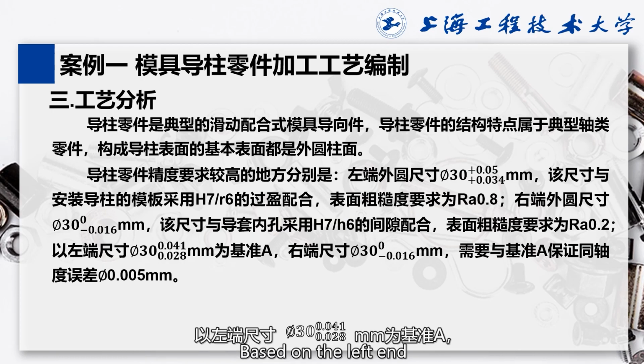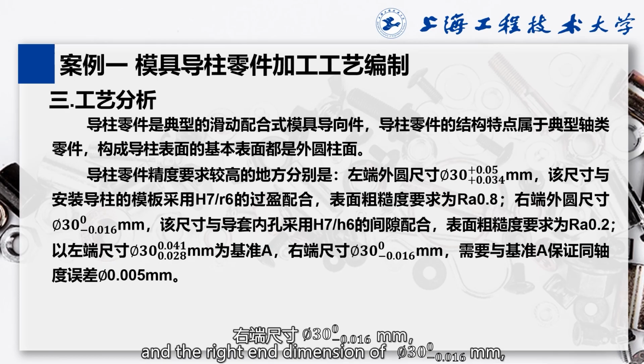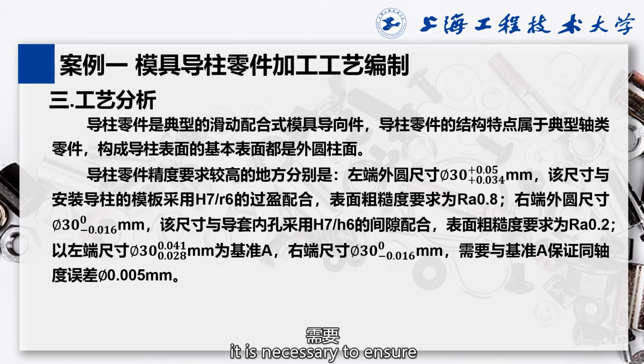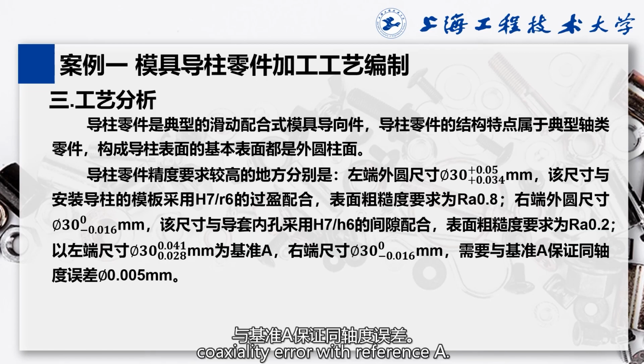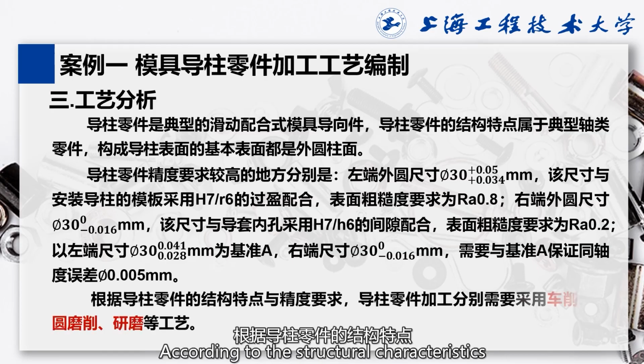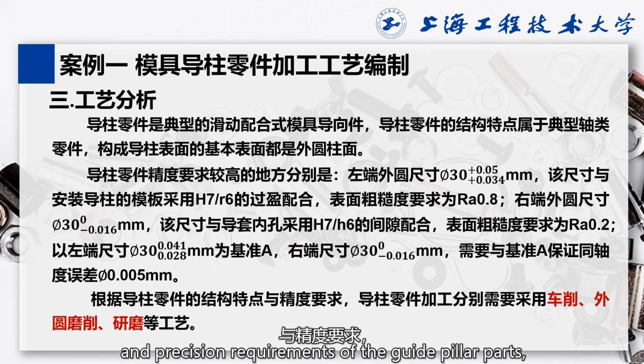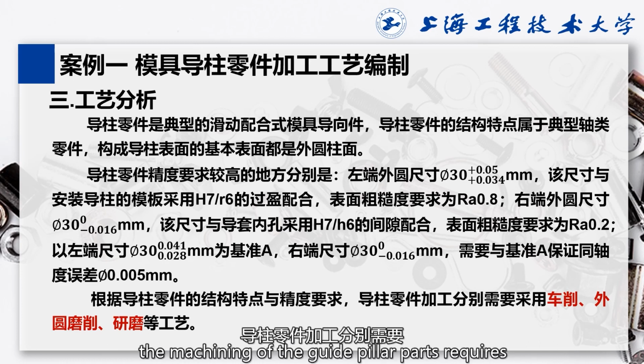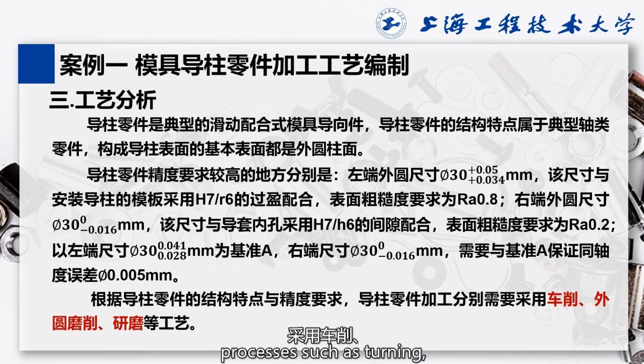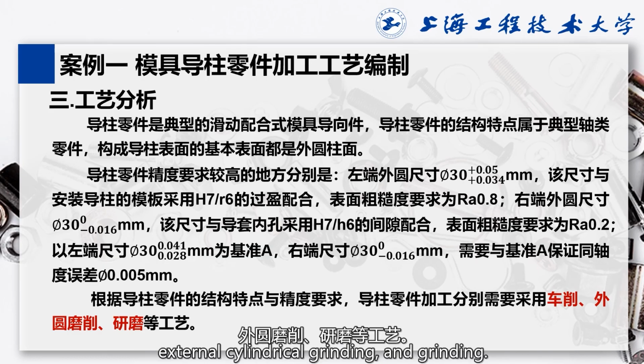Based on the left end dimension as reference A, and the right end dimension, it is necessary to ensure coaxiality error with reference A according to the structural characteristics and precision requirements of the guide pillar parts. The machining of the guide pillar parts requires processes such as turning, external cylindrical grinding, and grinding.